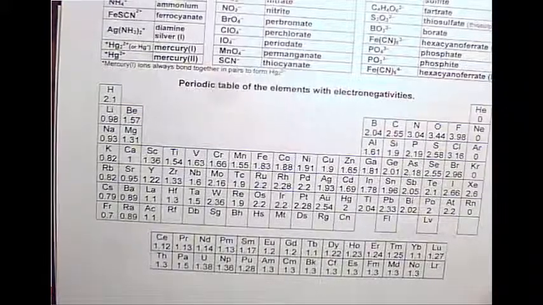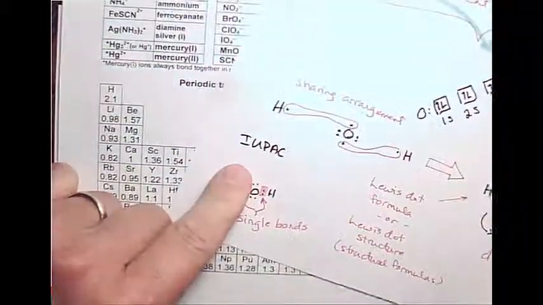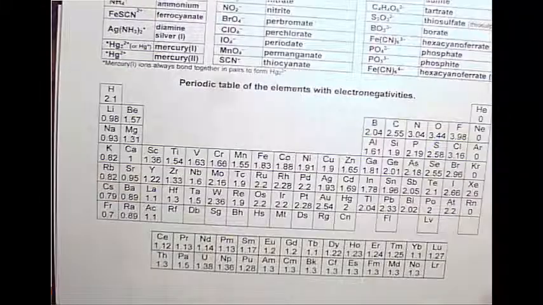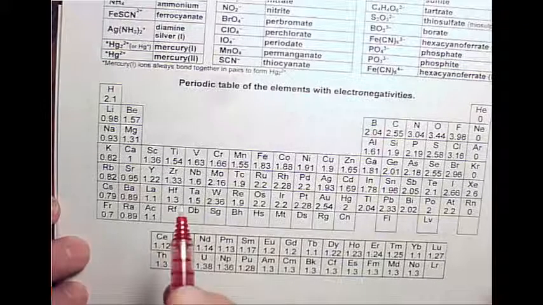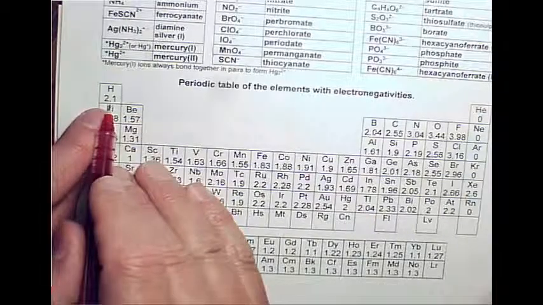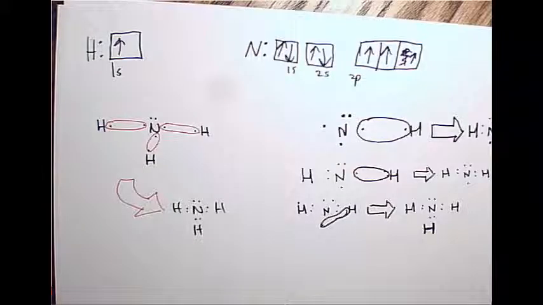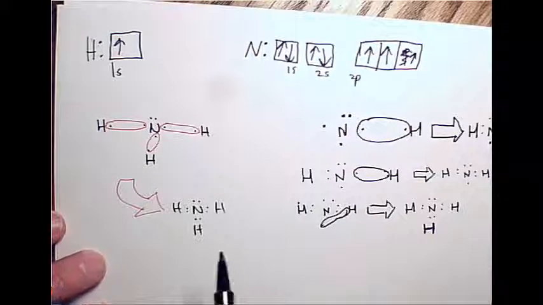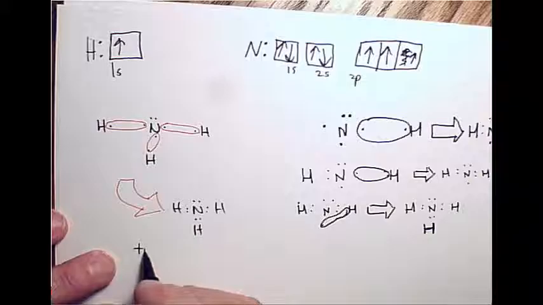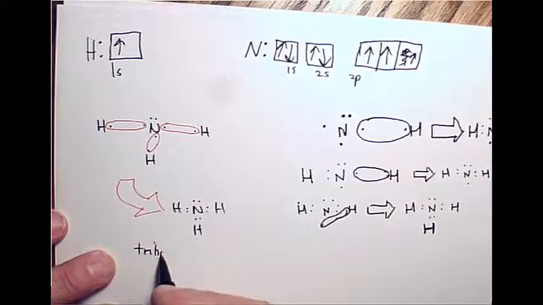Generally speaking, and not always, there's an exception I want to tell you about in a second, if we use that IUPAC system I mentioned earlier, we're going to write the symbol for the element with the smallest electronegativity first. Okay, there are exceptions to that. So hydrogen has a lower electronegativity than nitrogen does.